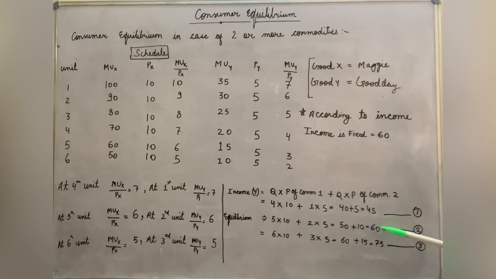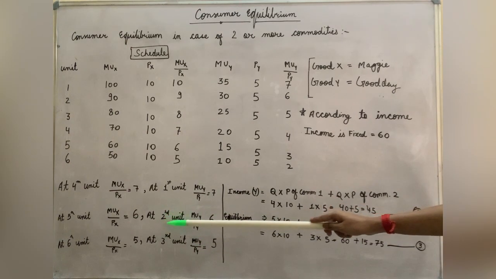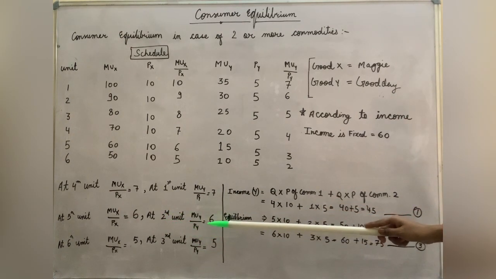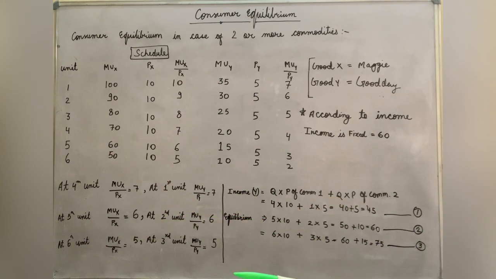So we come to the second equation, that is at the 5th unit. Consuming the 2nd unit of Good Day, we are getting the same satisfaction. When we are eating 5 units of Maggi with the 2nd unit of Good Day biscuit, we are getting equal satisfaction.